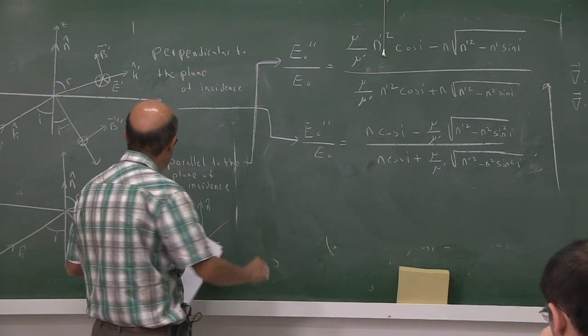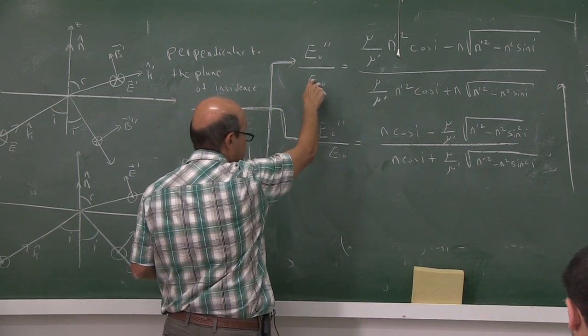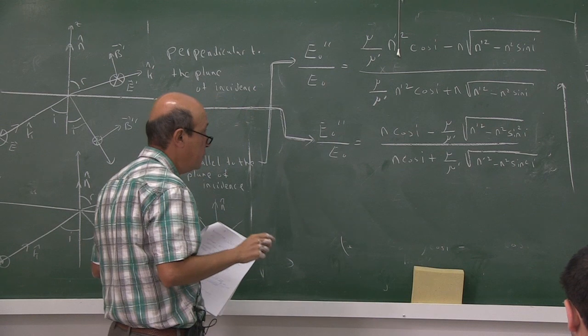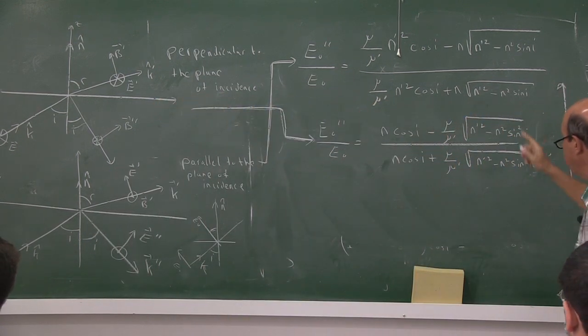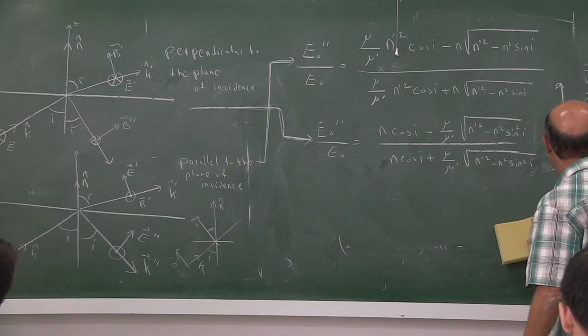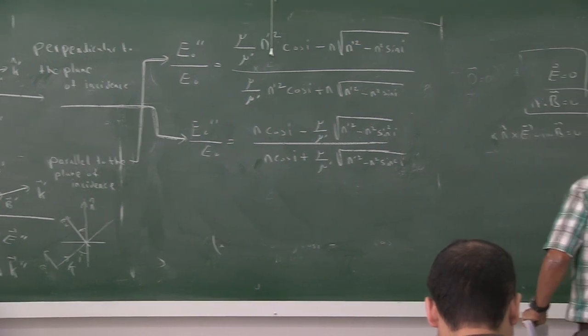I did not derive this one, I did not derive this one also, but you are going to derive the above as a homework. I write the equations. But for the above, there is a very interesting consequence.